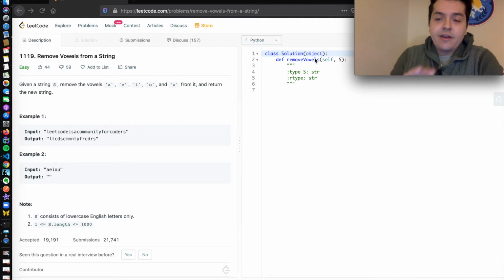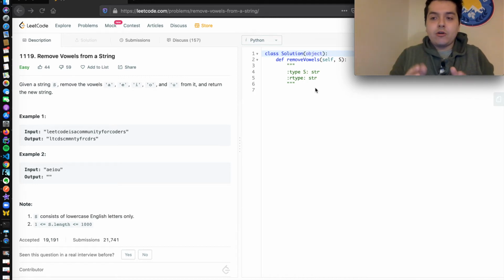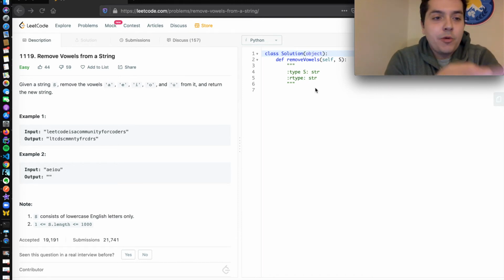So again, focus on doing 20-30 minutes of trying to answer these questions by yourself, and then look at the answer, understanding the fundamentals. And a great way to solidify these fundamentals when you look at the answer is to try to deviate or experiment with the actual problem. So this problem will remove vowels from a string.